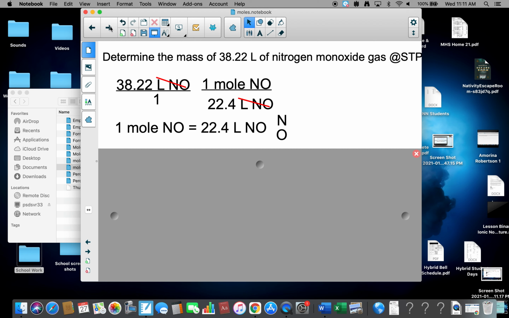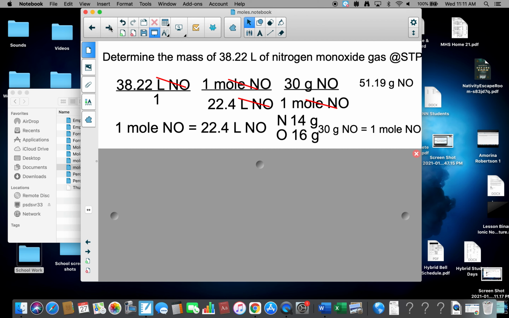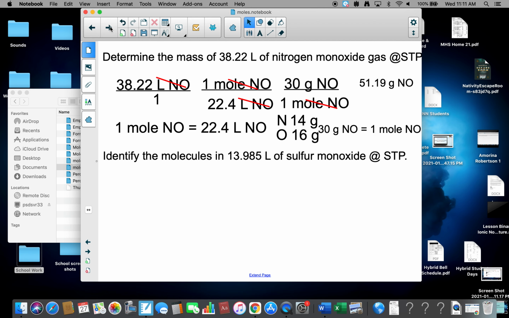So I need to do formula mass. Nitrogen atomic mass is 14, oxygen 16. Add them up, we get 30 grams of nitrogen monoxide is 1 mole of nitrogen monoxide. Make that a fraction, 30 grams over 1 mole. My moles cross out, multiply through, 38.22 times 30, divide by 22.4, I get 51.19 grams of NO. We'll do this one in class.